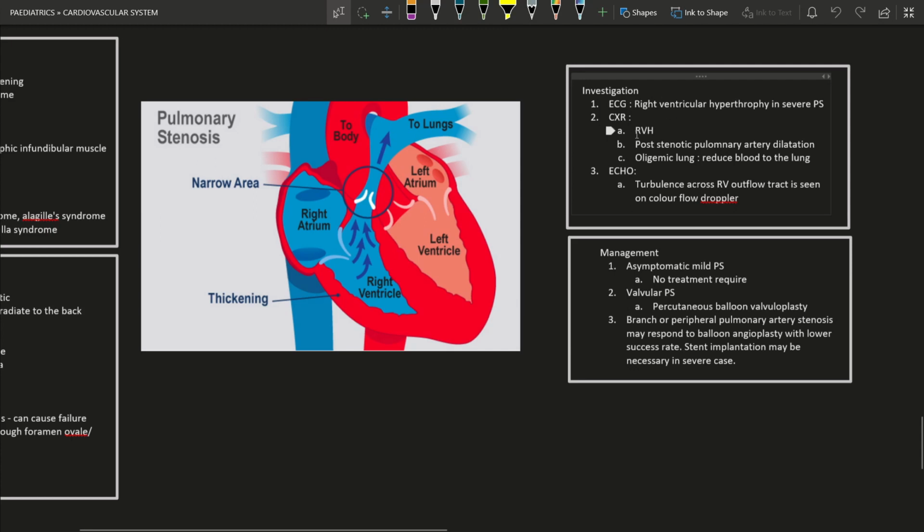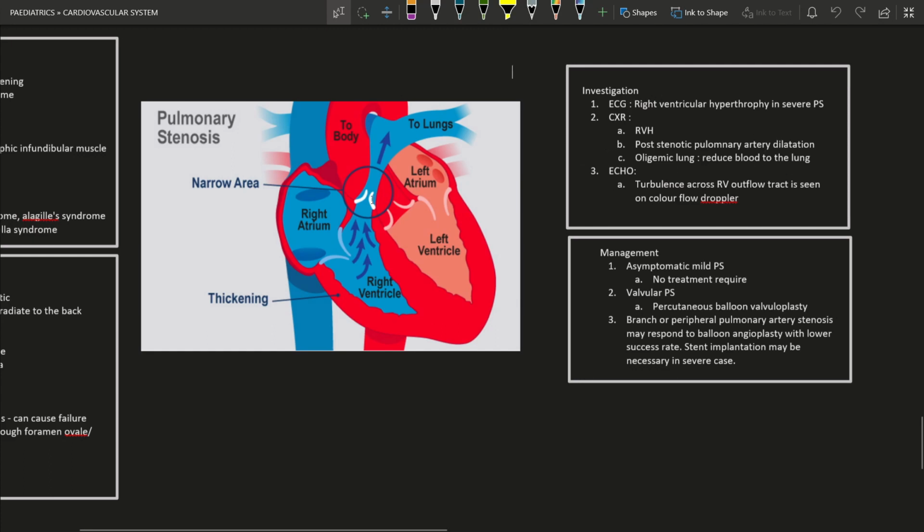From the chest X-ray, we can also see the right ventricular hypertrophy because the right side of the heart is pumping more. Second, in the chest X-ray we can see post-stenotic pulmonary artery dilatation.